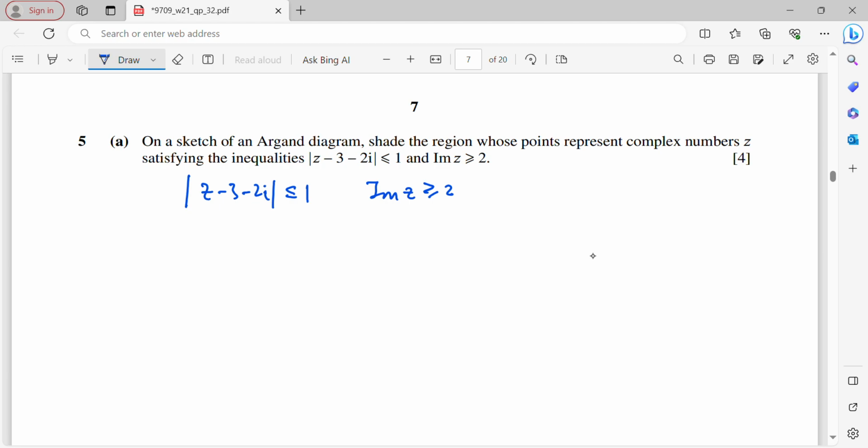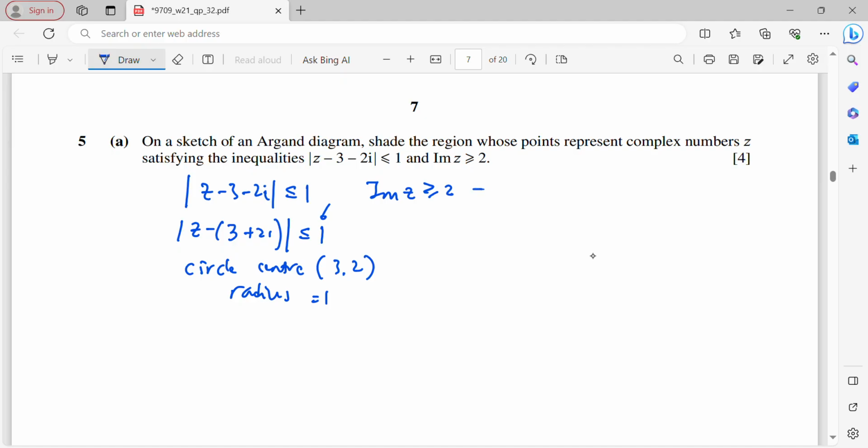So for the first one, it's going to be modulus z minus 3 plus 2i less than or equal to 1. This is basically a circle. Okay, this is a circle with center 3, 2, and then radius is 1. Okay, 1 because of here.